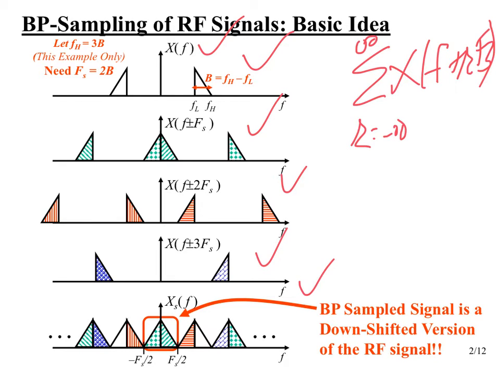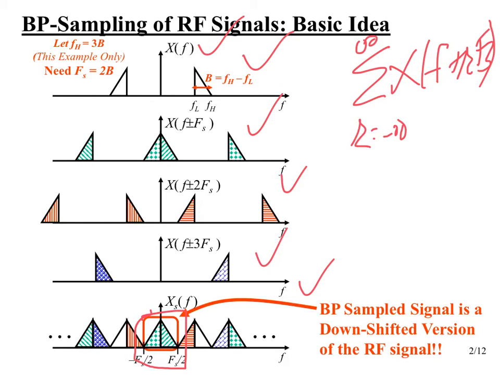And if we look very carefully, we look between minus fs to fs over 2. Now remember, this would be the same thing that we would see in a DTFT if we looked at the samples and looked between minus pi to plus pi. We would see this from the DTFT.